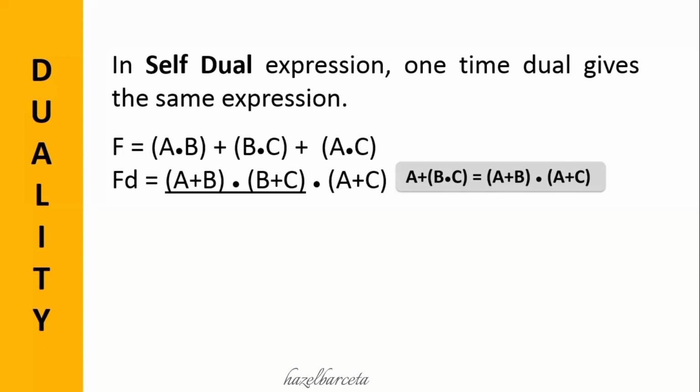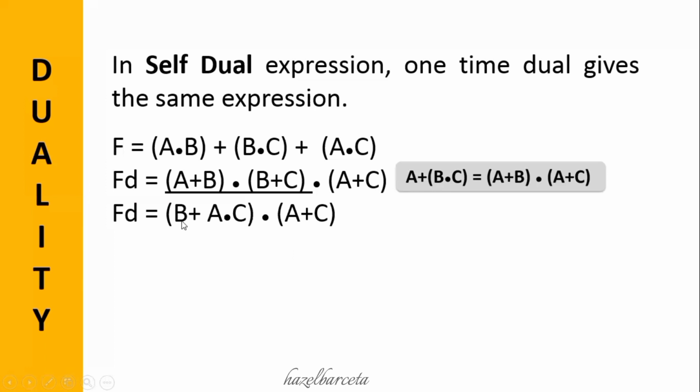Hindi, kasi ang dito po ay A ang pareho. Dito naman po ay B. So, interchange na lang natin. So, magiging B plus A times C. Okay? Ayan. B plus A times C. B po kasi yung pareho dito. Ayan. Okay? Then copy times the quantity of A plus C.